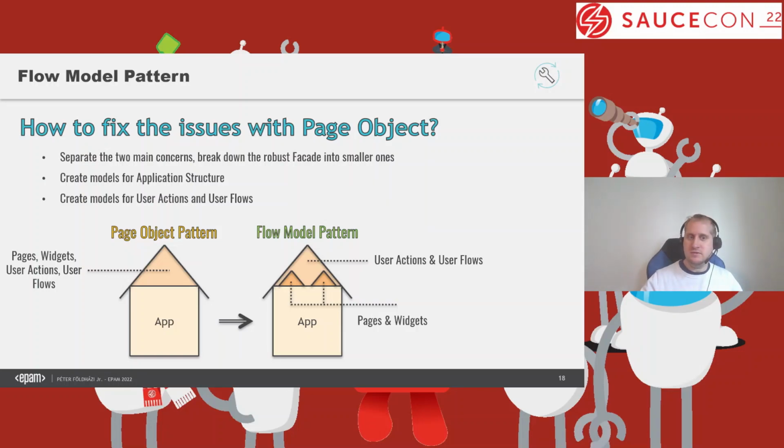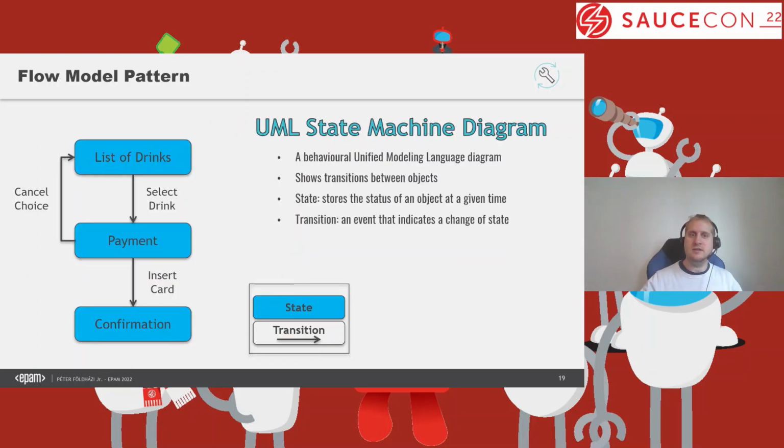Okay, so how does that look with some other examples? Let me first give you a UML state machine diagram example. The reason is that I believe the flow model itself can be most easily described with a state machine diagram. In this example, you see a soda state machine.